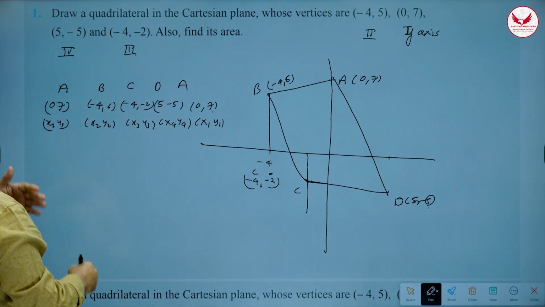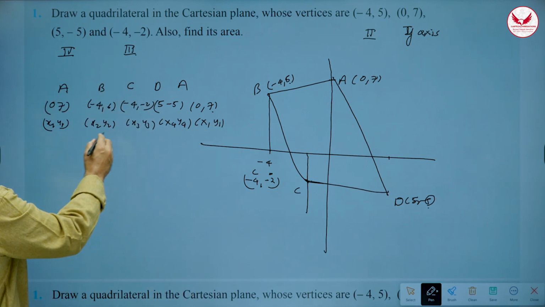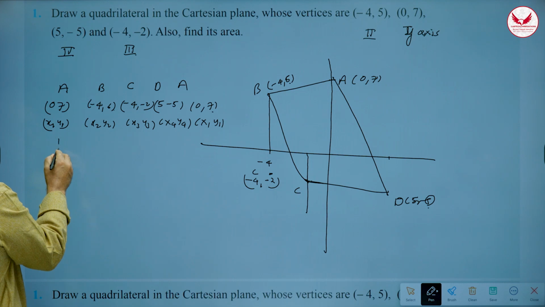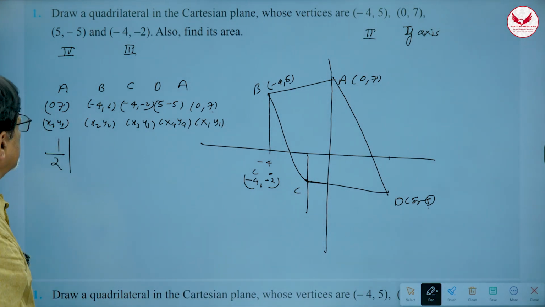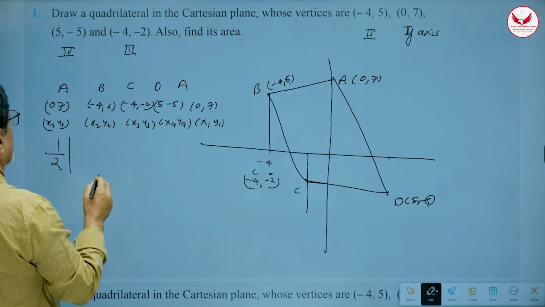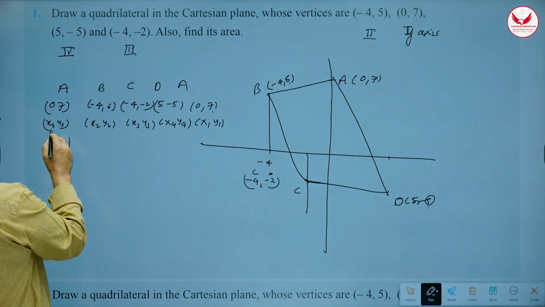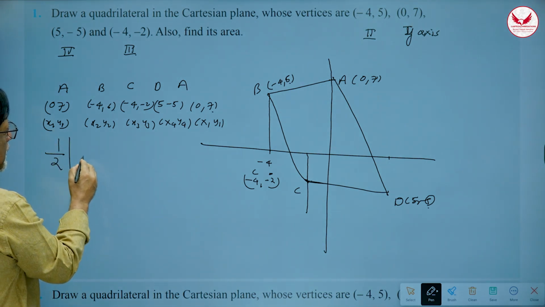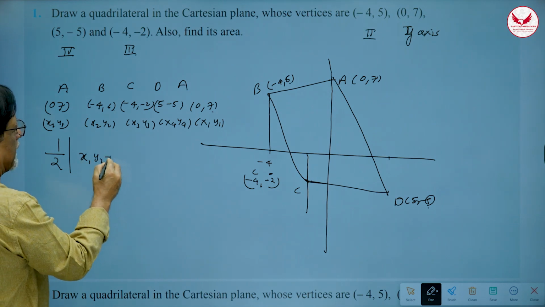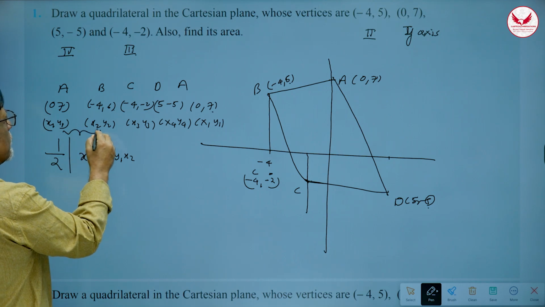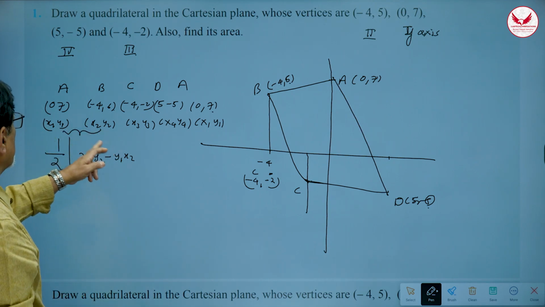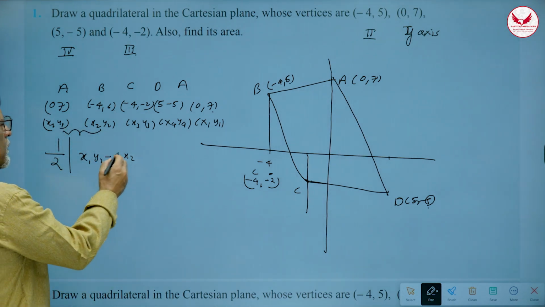Now, in order to find the area of this quadrilateral, I have a very simple formula. I will write half here and inside there will be a mod. I will take the combination 1, 2: x1 y2 minus y1 x2.